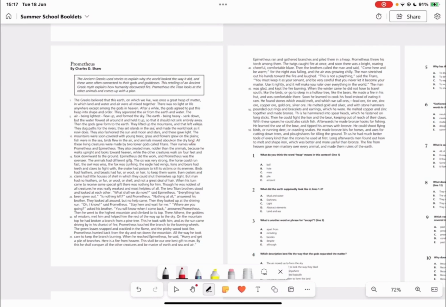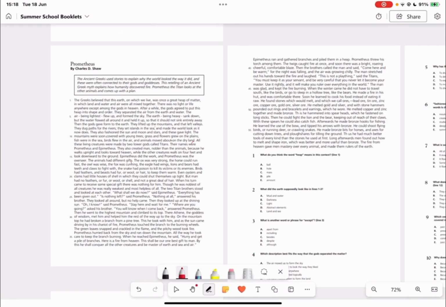Then he went to the highest mountain and climbed to the top. There Athene, the goddess of wisdom, met him and helped him the rest of the way up to the sky. On the mountain top, he had broken a branch from a pine tree.